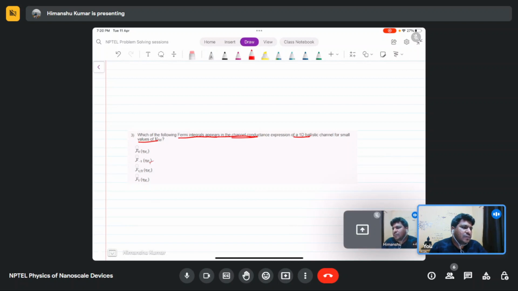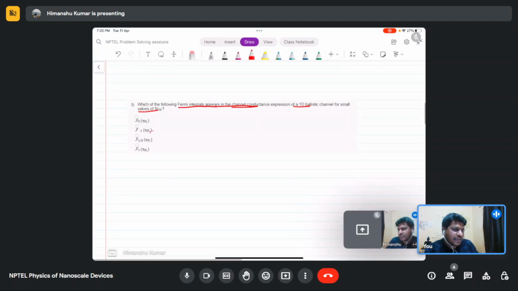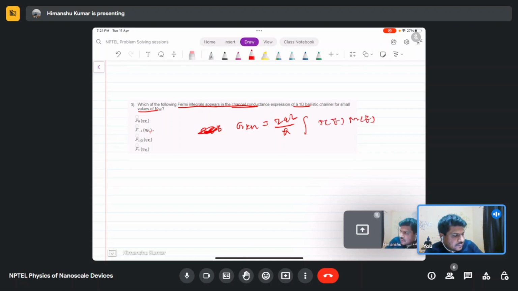For a small value in the linear region, the channel conductance you can write as 2q squared by h times the integral of T of E, M of E, then f1 minus f2.